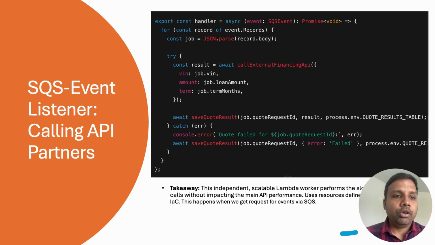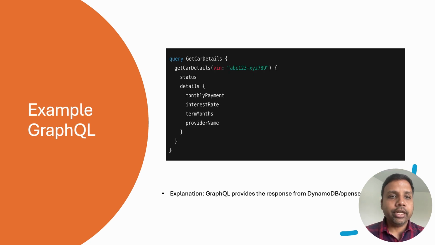Here is an example of an SQS event listener, where as the events come through the SQS, we listen to them and then update the DynamoDB accordingly. So here is an example of how we get the car details by VIN. We get the status. If it is payment related data that we are going to fetch, then we will be able to get all these details accordingly.